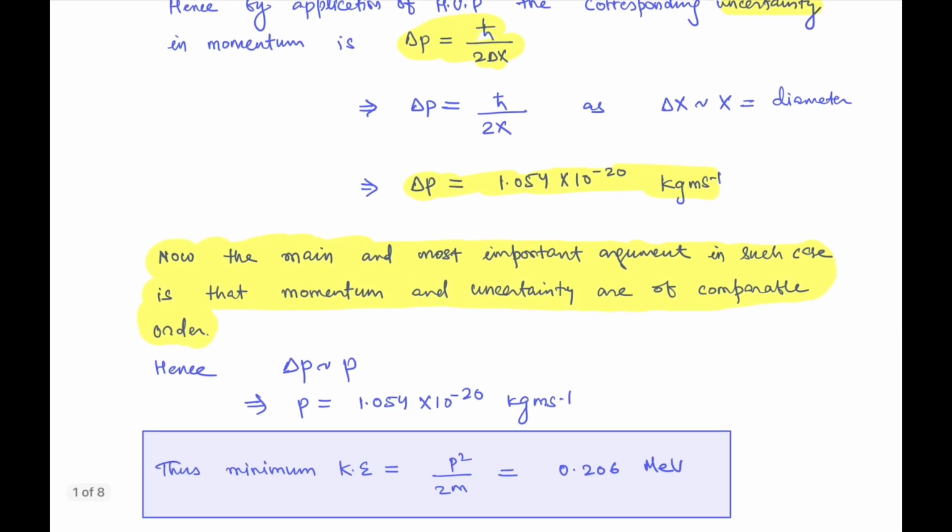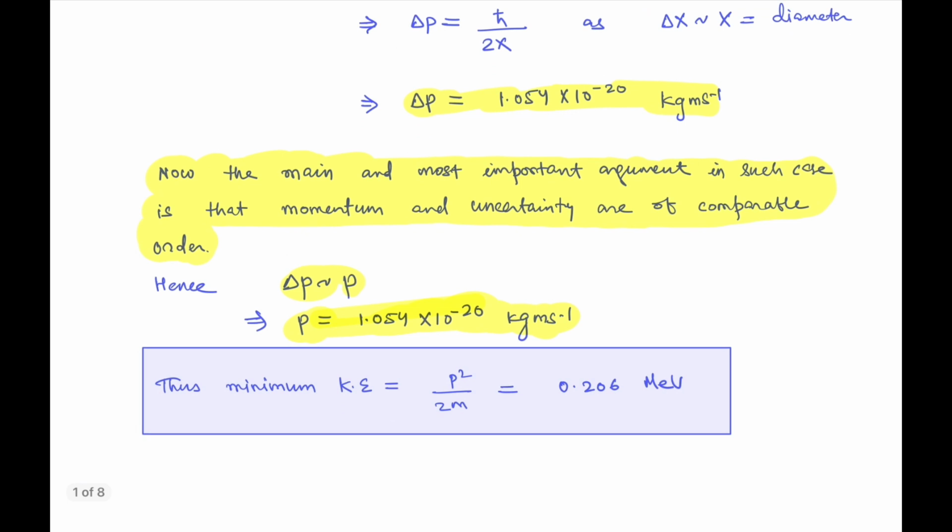Now the main and most important argument in such a case is that uncertainties, as I always tell you, are always comparable to the main quantity. So uncertainty in momentum would be comparable in order to the momentum itself. So we could assume momentum to be the same value, because these values are so small. So when you calculate the minimum kinetic energy, you will use this formula, that kinetic energy is momentum squared divided by 2m.